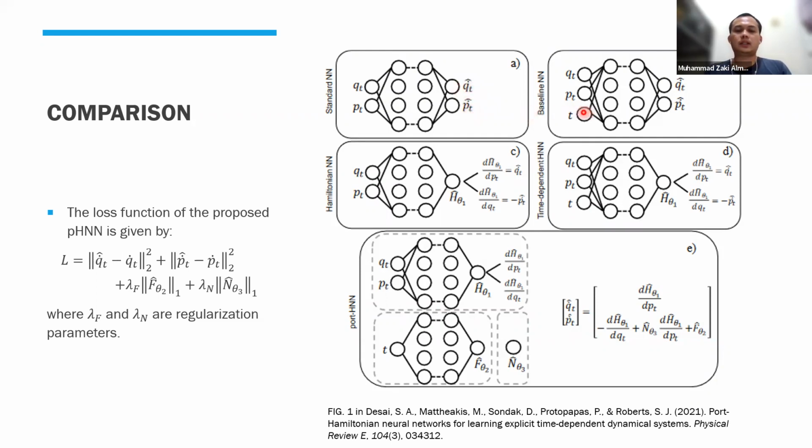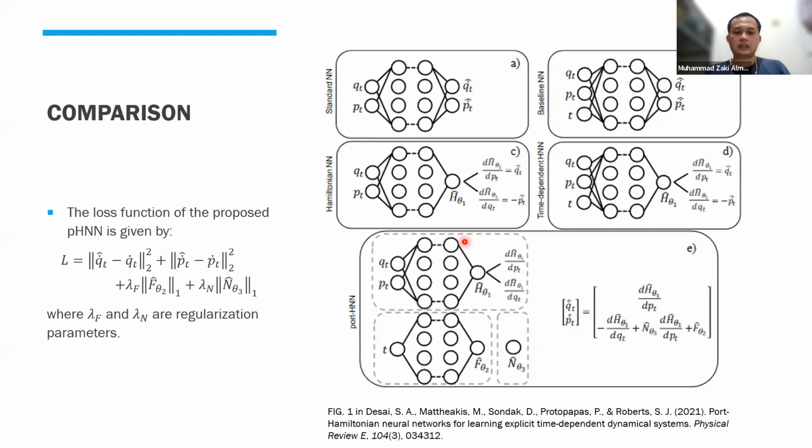But the difference is that in the baseline neural network used in the experimental setup later, they add time as one of the input. So not only the position and momentum data, but also the time.